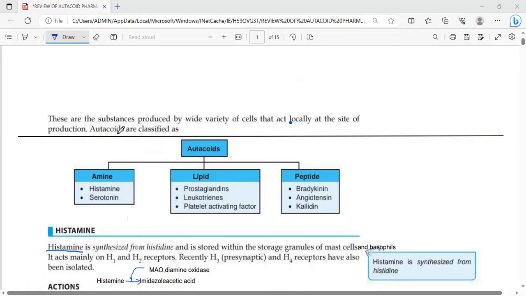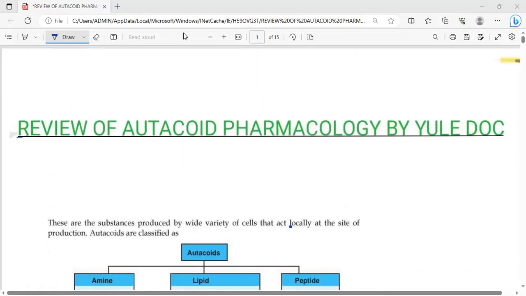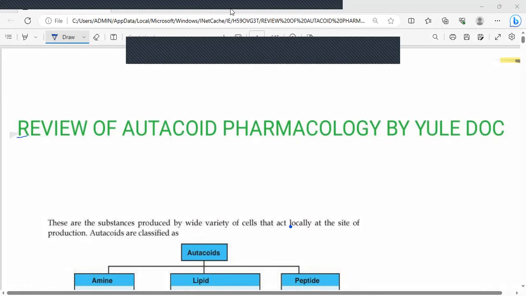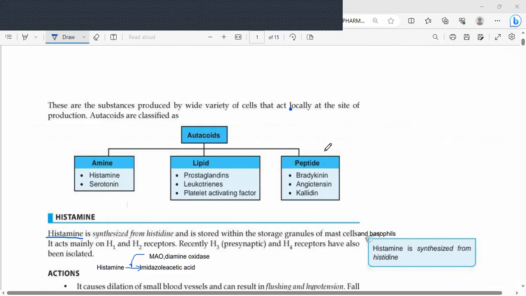First of all, let me... this is misbehaving. What are Autacoids? Autacoids are endogenous substances which have complex physiological and pathophysiological functions and are usually produced by a wide variety of cells, and they act in an autocrine and a paracrine function.